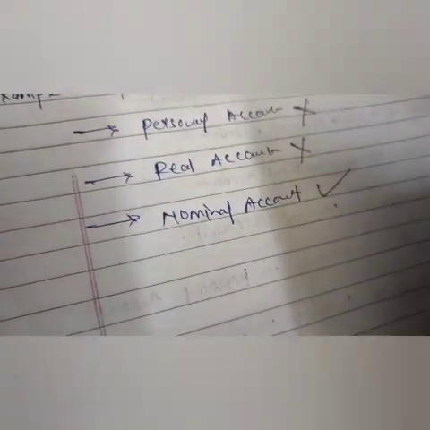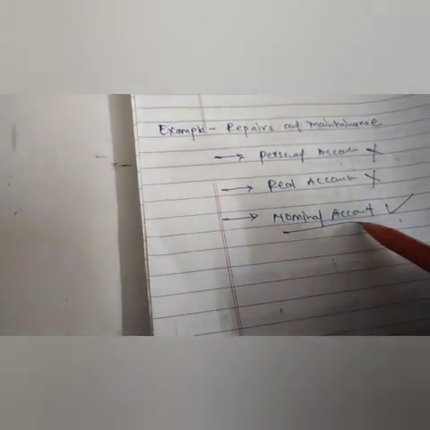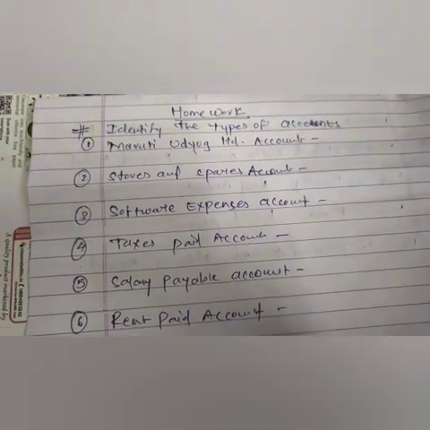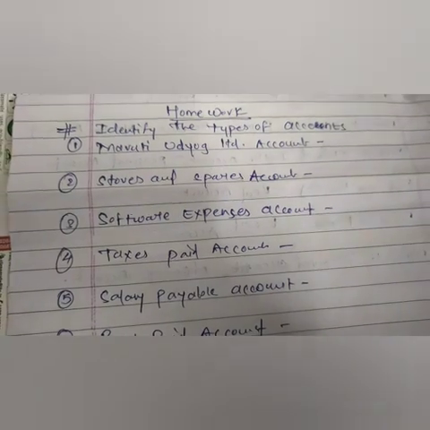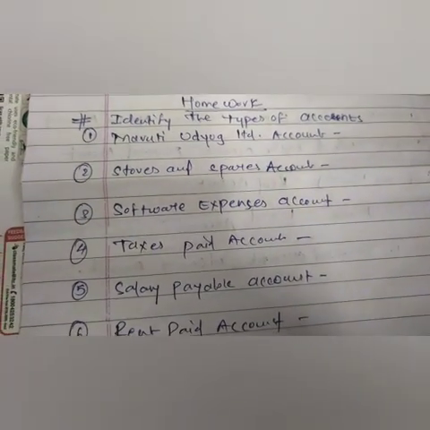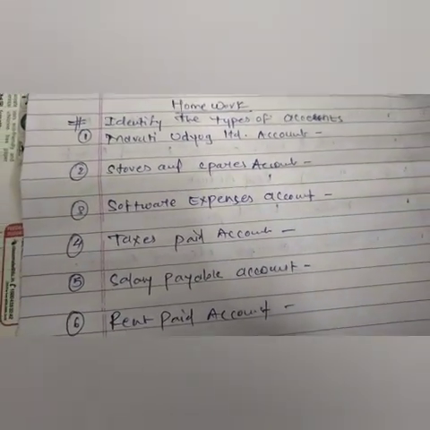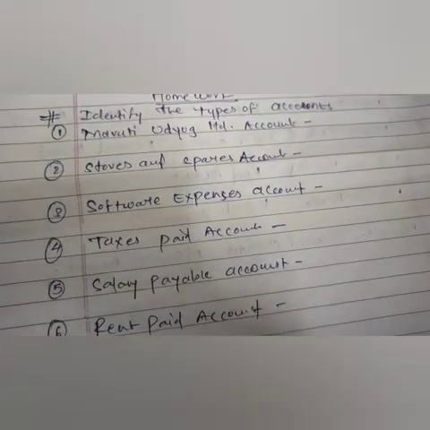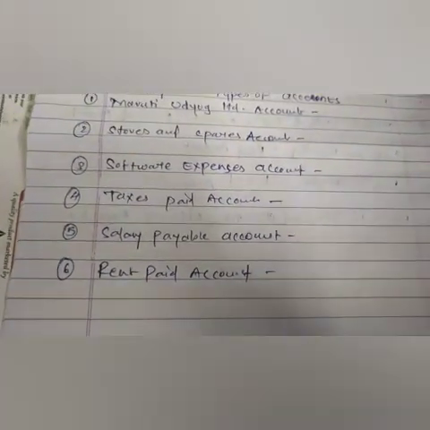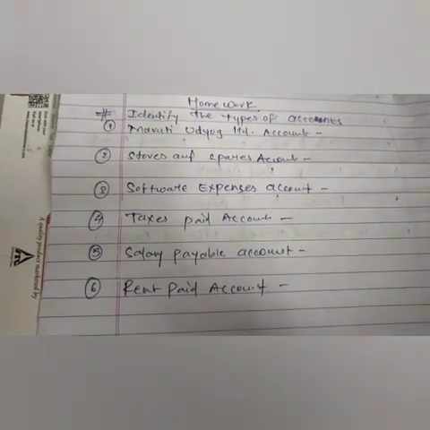So the correct answer is a nominal account. In order to know and identify this type of account, you have to solve more examples related to such types of account.